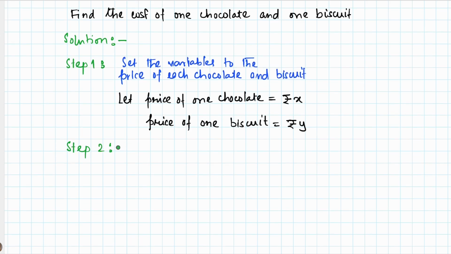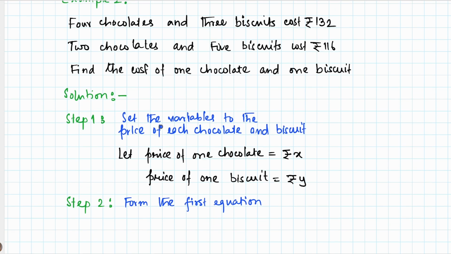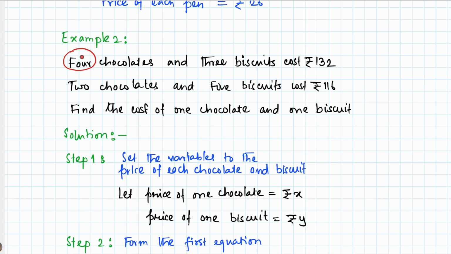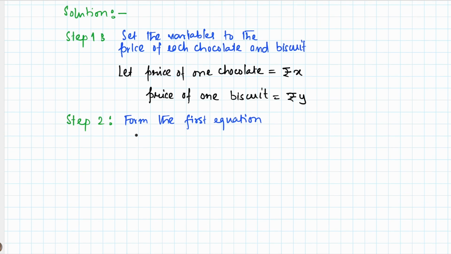Then step 2, framing equation 1, or form the first equation from statement 1, that is 4 chocolates and 3 biscuits give the total value 132. So multiply the variables with the number of items, so 4 times x plus 3 times y, which gives us 132. This becomes equation 1.